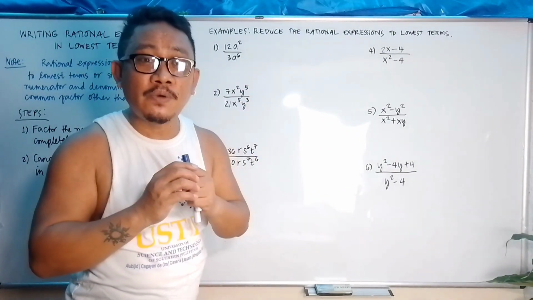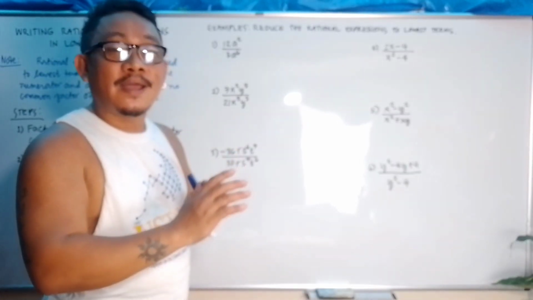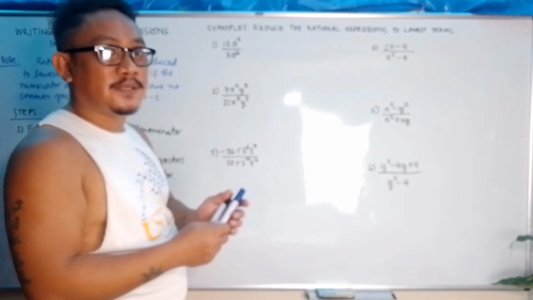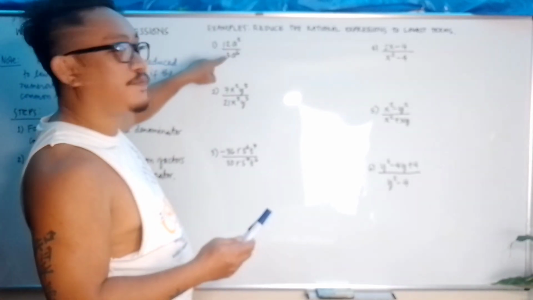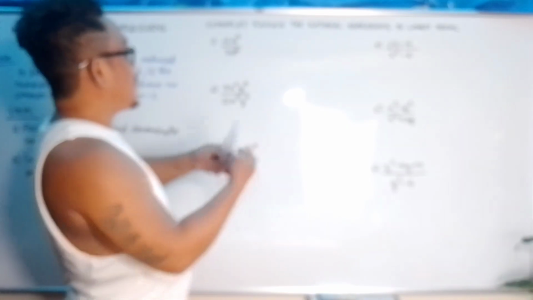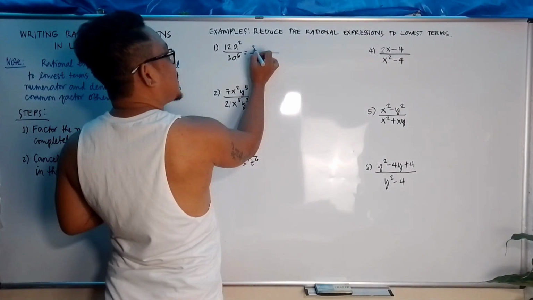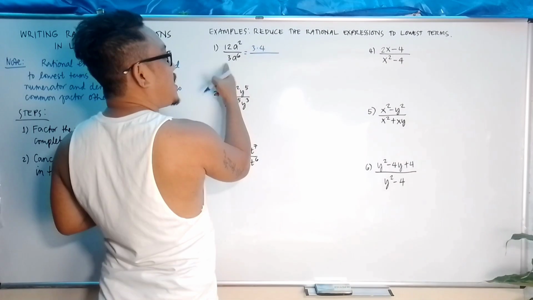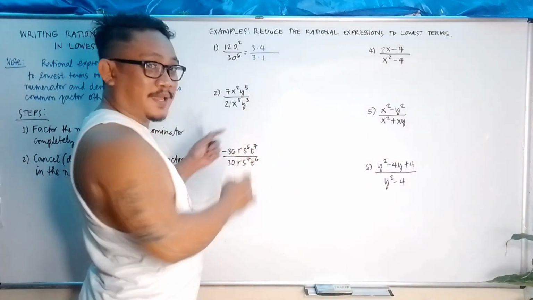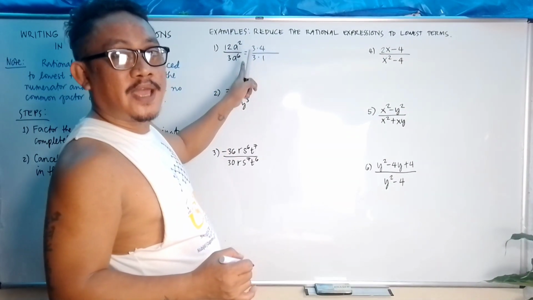We need to factor the numerator and then the denominator. Let us look first at 12 and 3. What is their common factor? Clearly, it is 3. So, here, we can write 12 as 3 times 4, while 3 here is 3 times 1. Correct? Then, how about for the variables a squared and a to the 6?